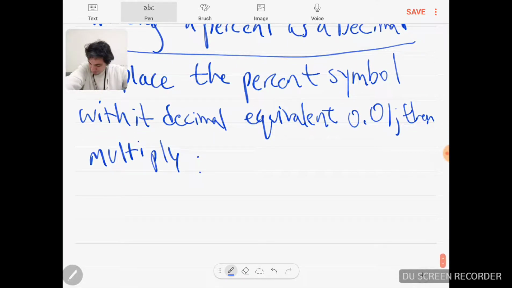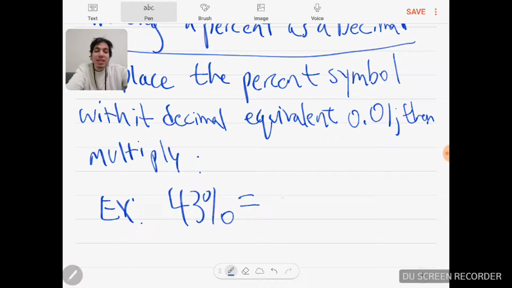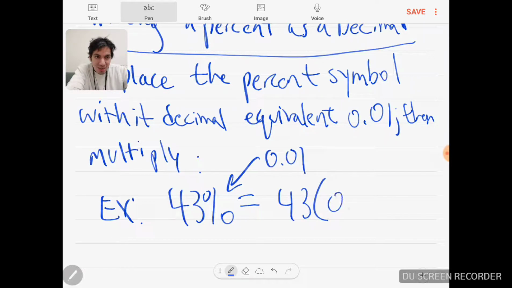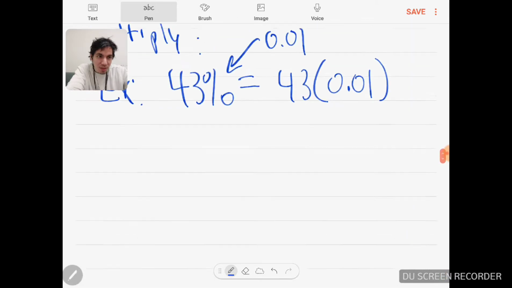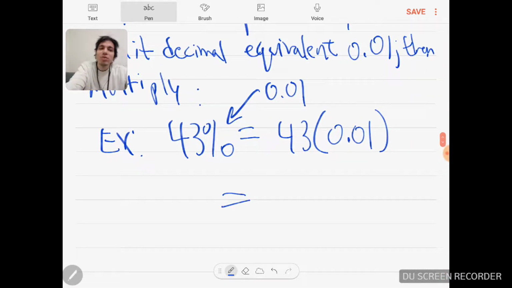For example, if I gave you 43%, you change the percent symbol to 0.01. So it would be 43 times 0.01. You get to choose to multiply it out the long way, or you do the shortcut like I told you.